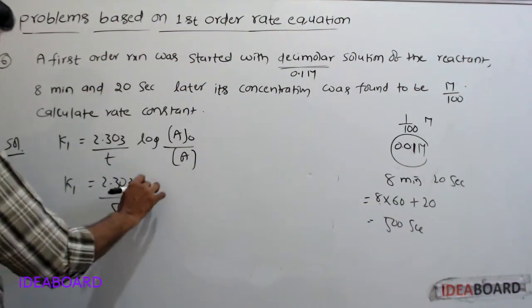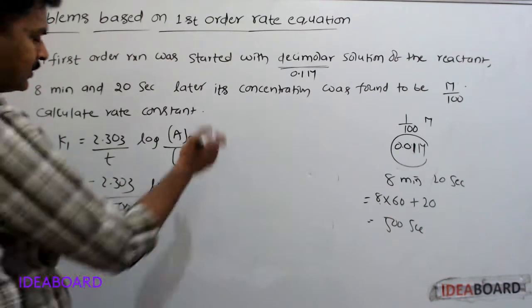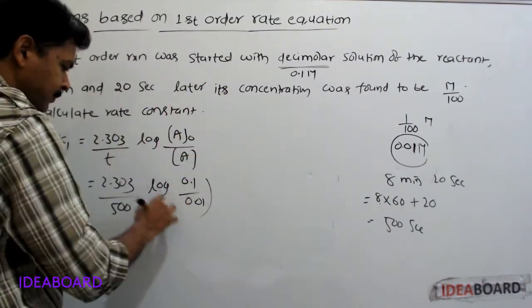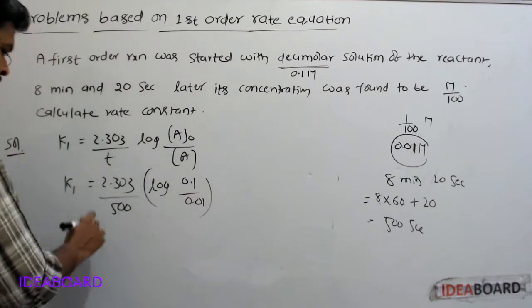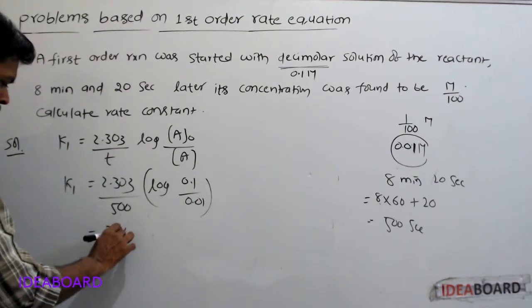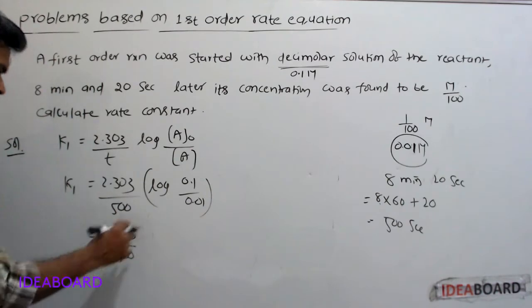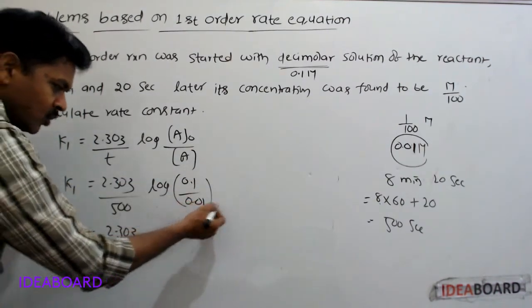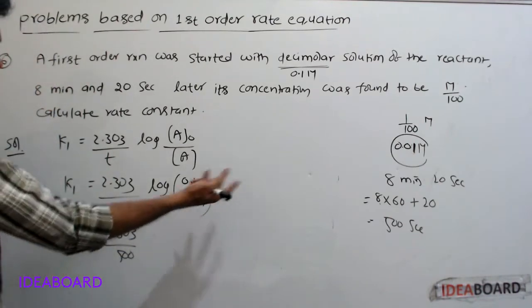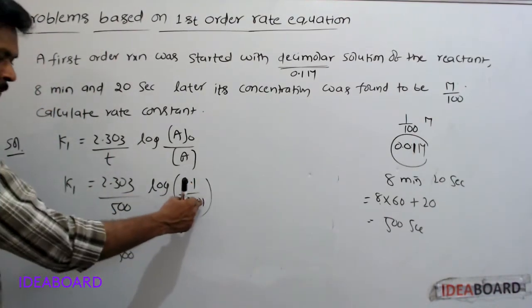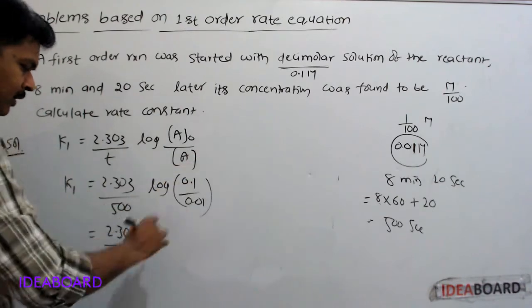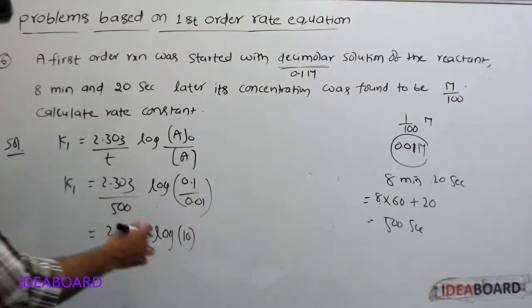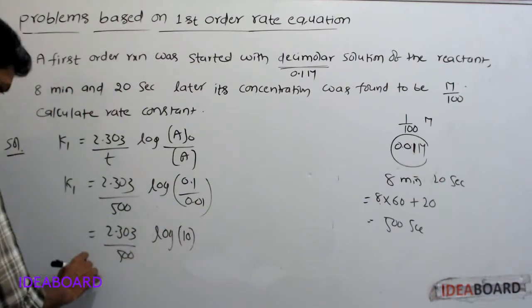So 2.303 by 500 log of initial concentration 0.1 by the concentration after this much time, 0.01. 0.1 by 0.01 means 10, so log 10. Log 10 value is 1.